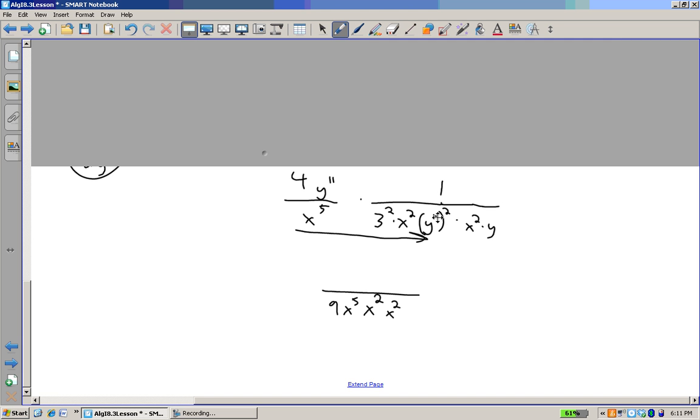Y to the 4th squared, that's 2 groups of 4. So 1, 2, 3, 4, 1, 2, 3, 4, 2 groups of 4, that's 8 altogether, that's multiplication. So y to the 8th, we also have one scraggly y out here that's doing his thing. 4 times 1 is 4 on top. Y to the 11th times 1 is y to the 11th.